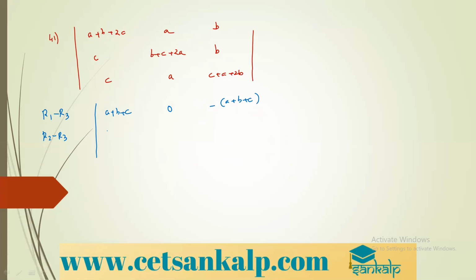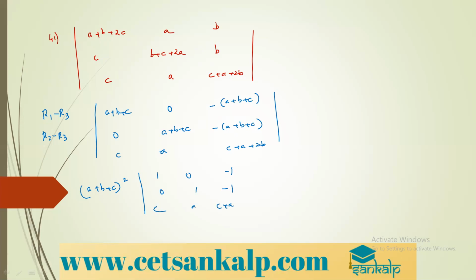For R2 minus R3, R2 will change: 0, a plus b plus c, and negative a plus b plus c. R3 will not change. It will be the same. Now from R1 and R2, you can take a plus b plus c common. So a plus b plus c whole square, 1, 0, minus 1; 0, 1, minus 1; c, a, c plus a plus 2b. This is what you have.